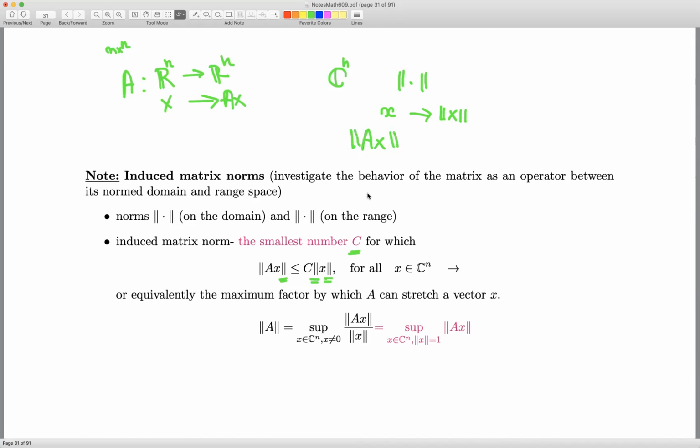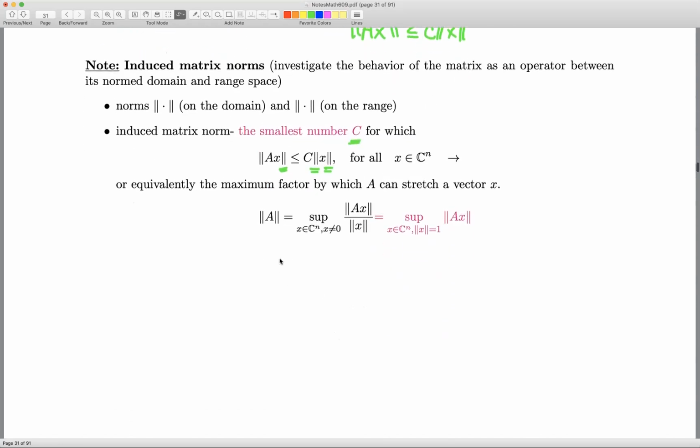And then I would like to estimate how big will be the magnitude of this vector in comparison with the magnitude of the original vector x that I started with. So the smallest C, for which the norm of Ax is less than or equal to C times the norm of x for all x in Cn, is called the induced matrix norm.